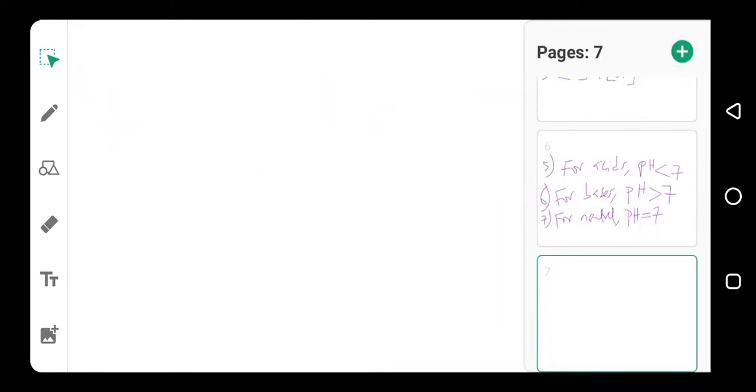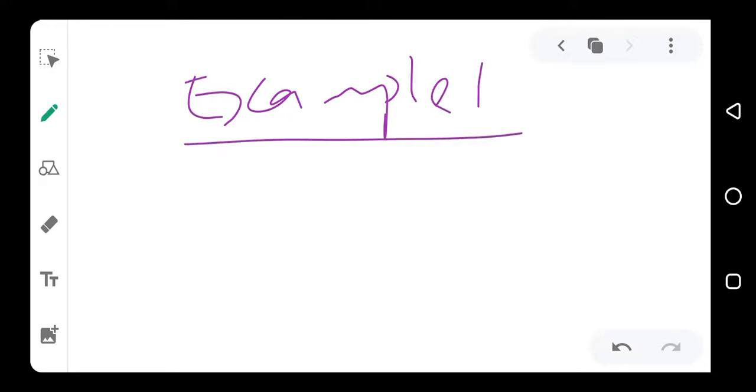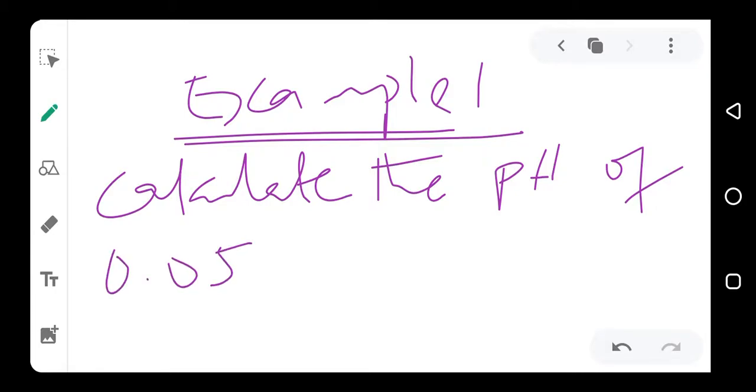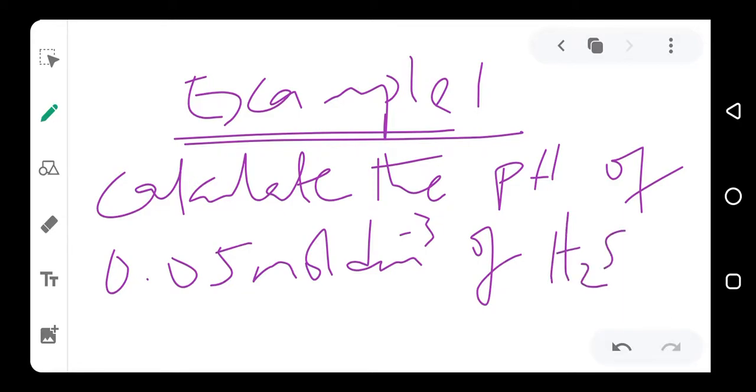Now, let me give you some examples. Example 1, we may be asked to calculate the pH of 0.05 mole per dm cube of H2SO4 solution.